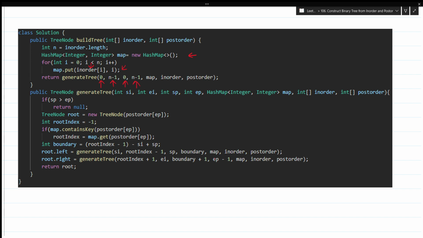This is my base case: when SP is greater than EP, I will simply return a null. I always know that the post order of EP will always be my root node, which we just discussed above.